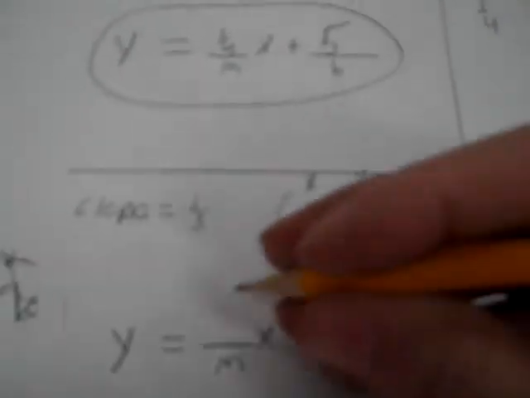Okay, m is 1/3. You can go ahead and just put that. The b, y equals m dot x plus b. You need to get rid of those 3 things, okay?